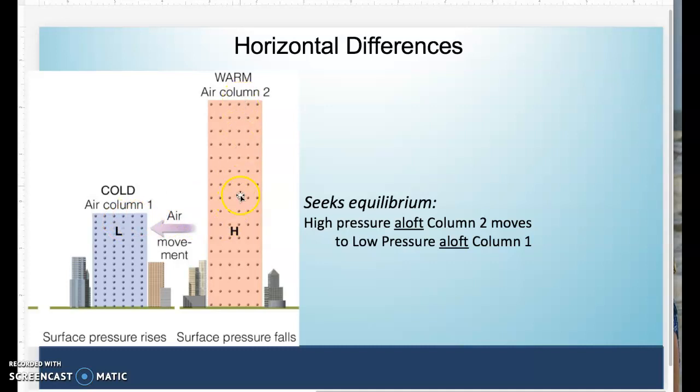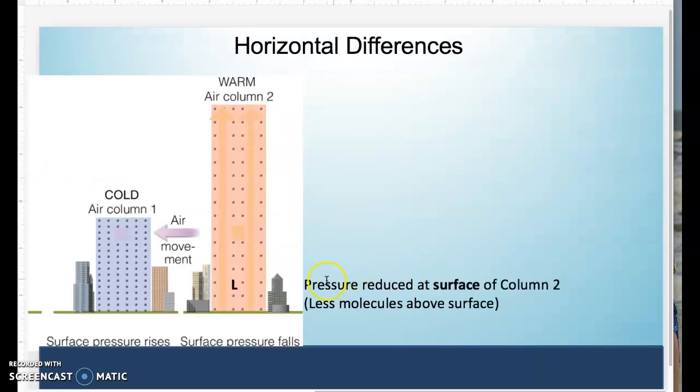You're going to get some molecules out of this column that move over to the colder column. When that happens, the pressure is reduced at the surface. Look at this, surface pressure falls. Because guess what? At the surface, you've got less molecules above you. You have less molecules above you, lower pressure above you than you had before.